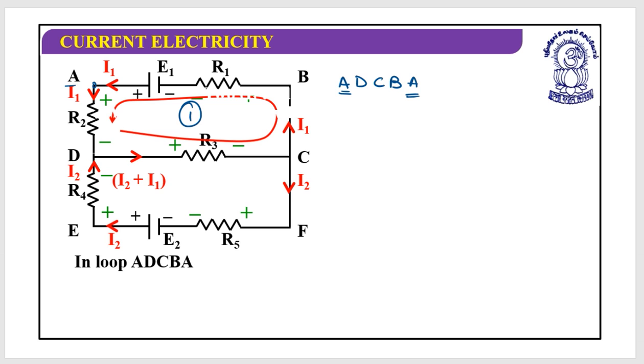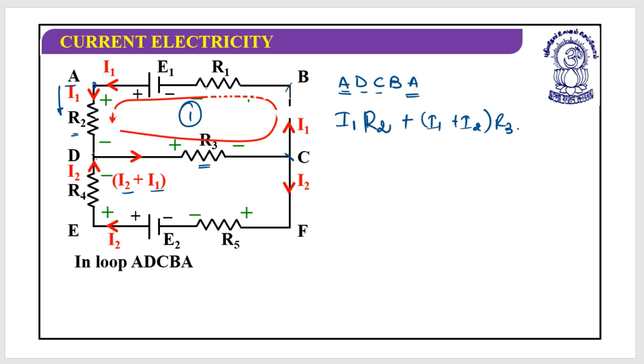When we are moving from A to D, it is the resistance that is coming, and I am moving in the same direction as the current, so it would be I1 multiplied by R2. Then I am moving from D to C. From D to C, there are two currents, I1 and I2, and a resistor, so this is plus (I1 plus I2) multiplied by R3.